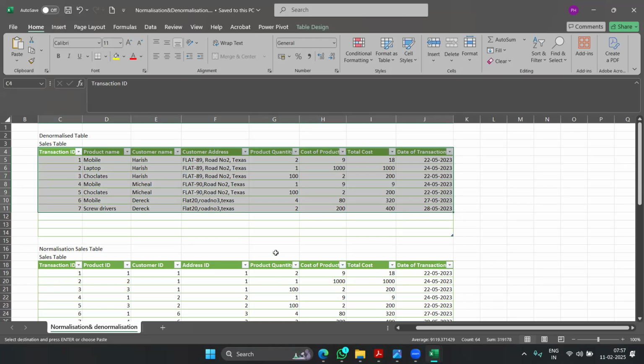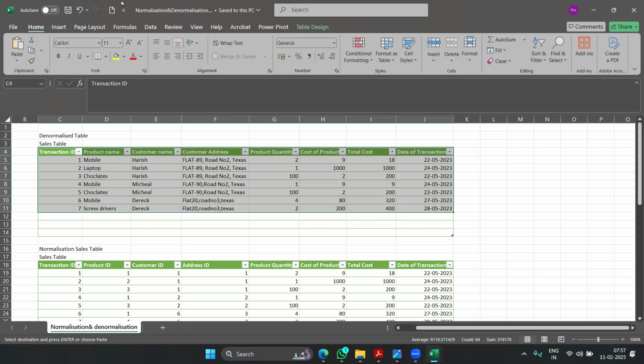If you see, this table has sales data with the transactions, what products we purchased, and the customer details, right? Suppose when you go to the shop and purchase anything, they will ask us, can you provide your phone number, address, and so on? Multiple things they are going to ask us.